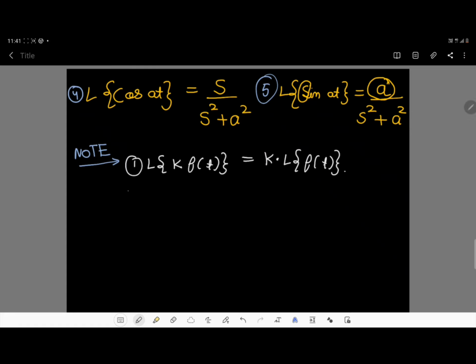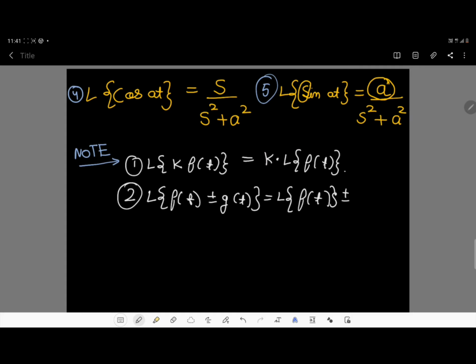Now second, the Laplace transform of f(t) plus or minus another function g(t) will be equal to the Laplace transform of f(t) plus or minus the Laplace transform of g(t), right?